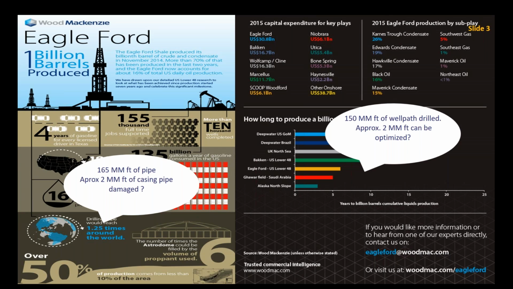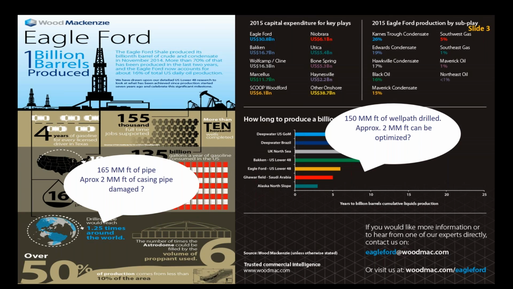We have put it downhole. Think of if we have optimized less than 1%, it will be equivalent to 2 million feet of casing pipe. If 1% of pipe is damaged because of casing wear, it's almost 2 million feet of pipe.